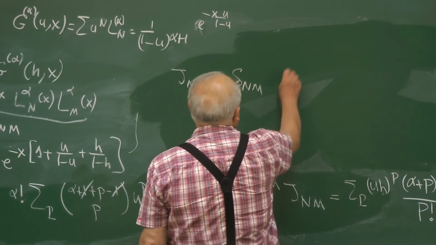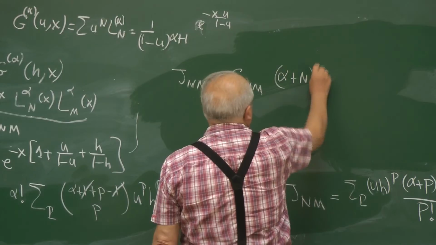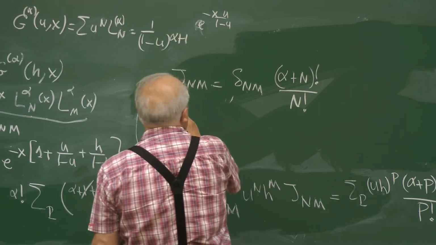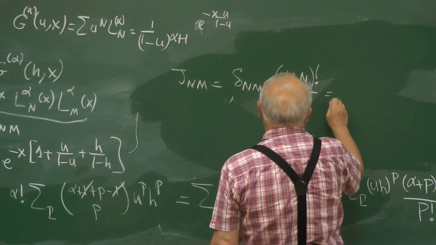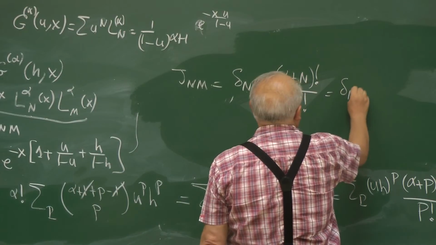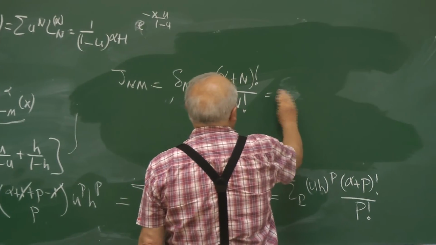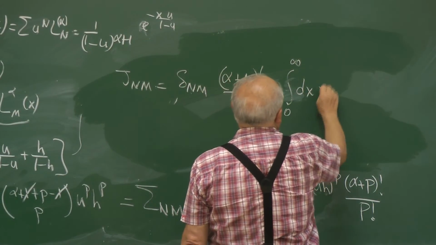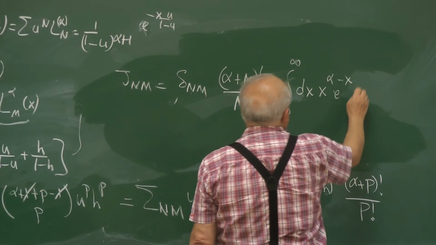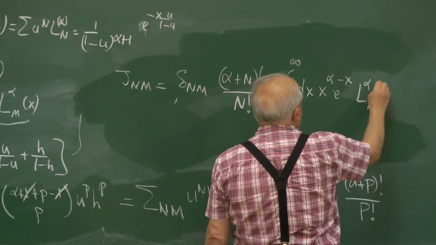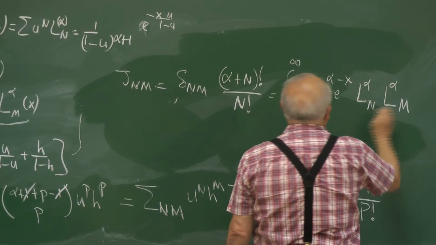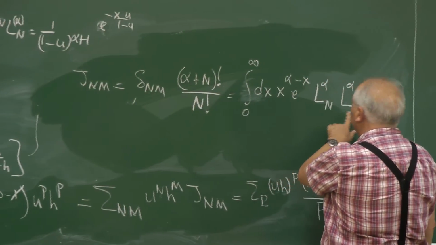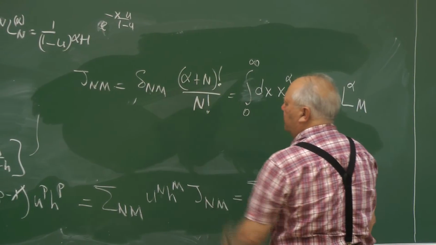So it is (alpha plus n) factorial divided by n factorial, times delta nm, which is just this integral from 0 to infinity dx x to the alpha e to the minus x L alpha n L alpha m. Okay, it is orthogonal, and when the indices are equal, it has this value.